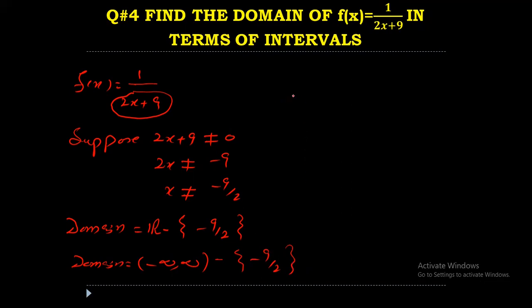At the end, domain equal minus infinity to minus 9 over 2 union minus 9 over 2 to infinity.